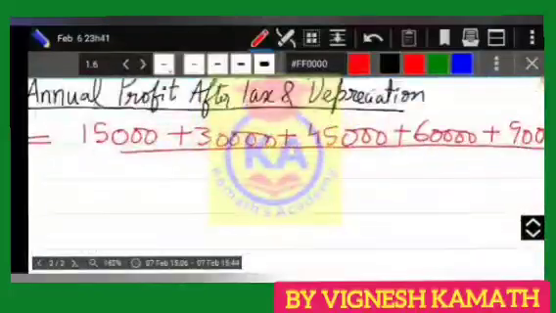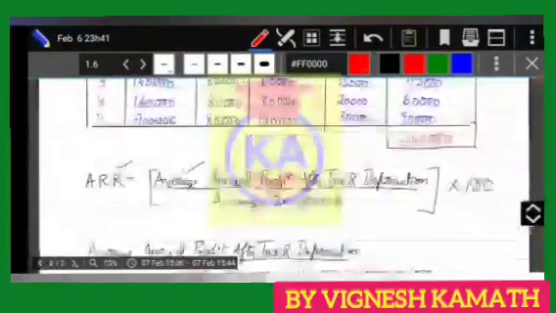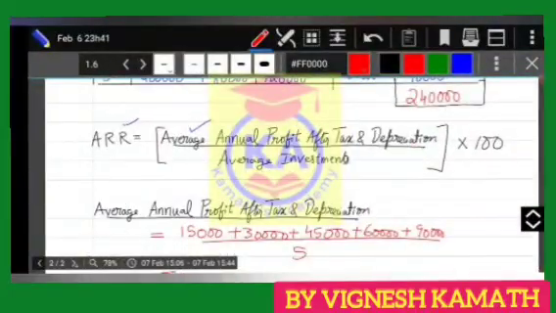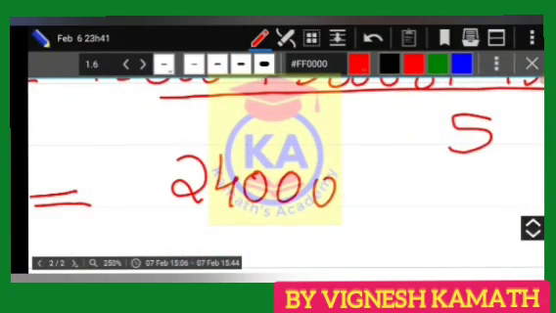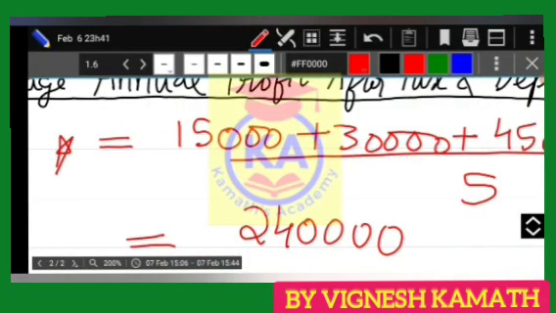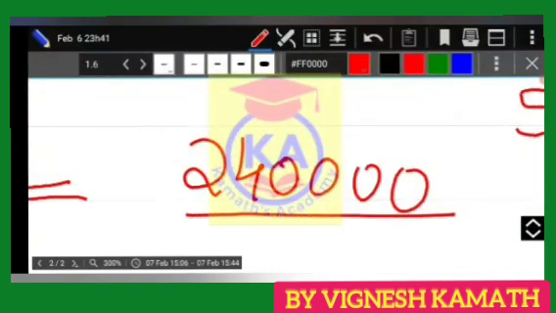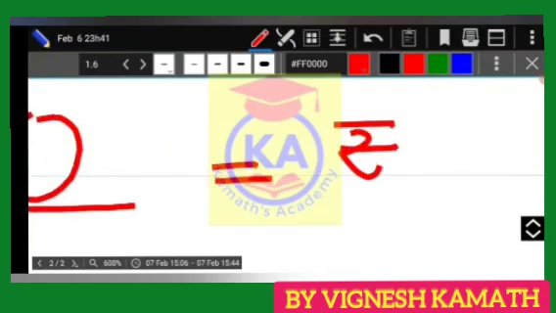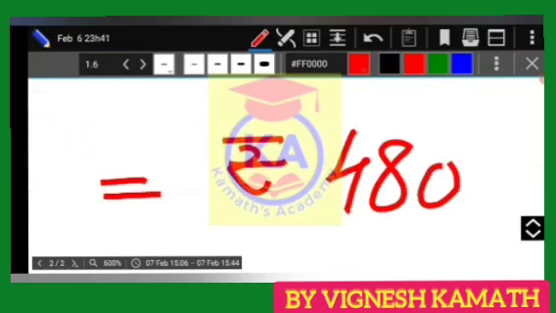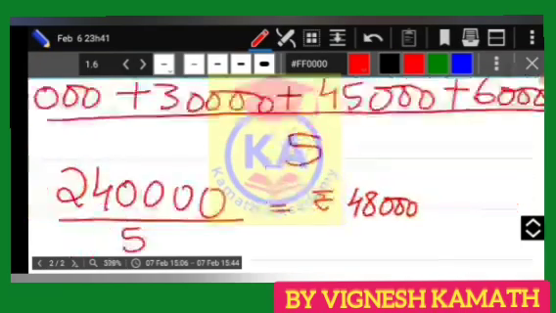So here divide by 5. You have calculated the total. It was not required to make this step also. Here 2,40,000 we have already calculated. Just for understanding purpose, I have written this step so that you don't confuse with the previous problem. Okay, 2,40,000 divided by 5. The answer will come up to rupees 48,000. We have got the numerator part of the formula.